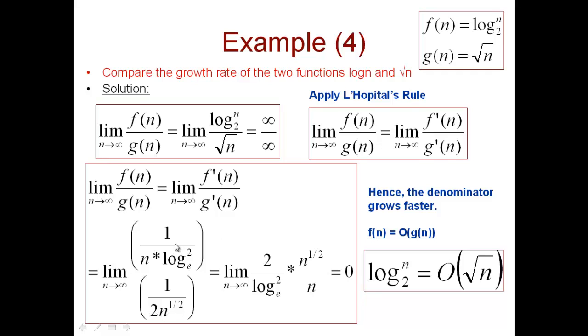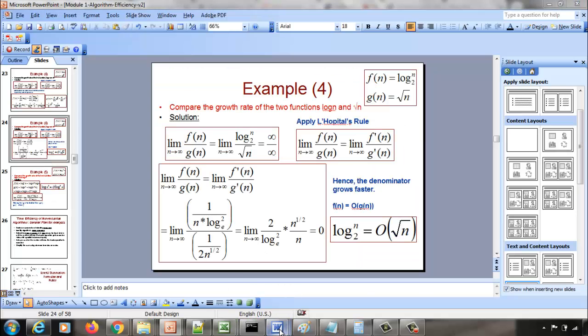If you bring this half to the numerator, it becomes 2, and this is 2 over log 2 to the base e, and again 1 over n raised to half. If you bring it to the numerator, it becomes n raised to half divided by n. So now n raised to half divided by n is simply 1 over n raised to half.